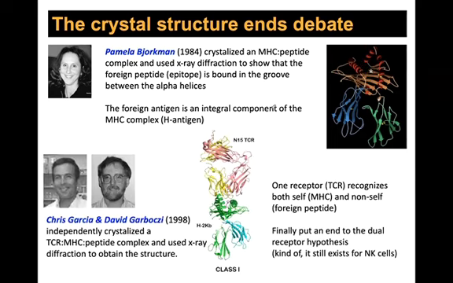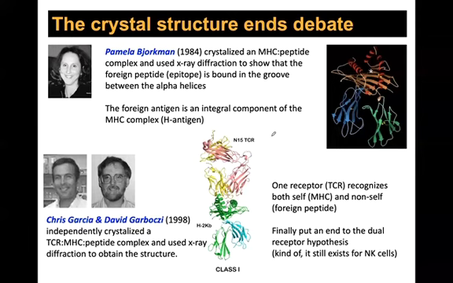It took until the late 90s for this to be shown conclusively for how a T cell receptor does this. Two different people did this independently, Chris Garcia and David Garboczi, and they both crystallized a TCR-MHC-peptide complex using X-ray crystal structures to show that the TCR is recognizing both the MHC alpha helices and this foreign peptide that's bound to the MHC.